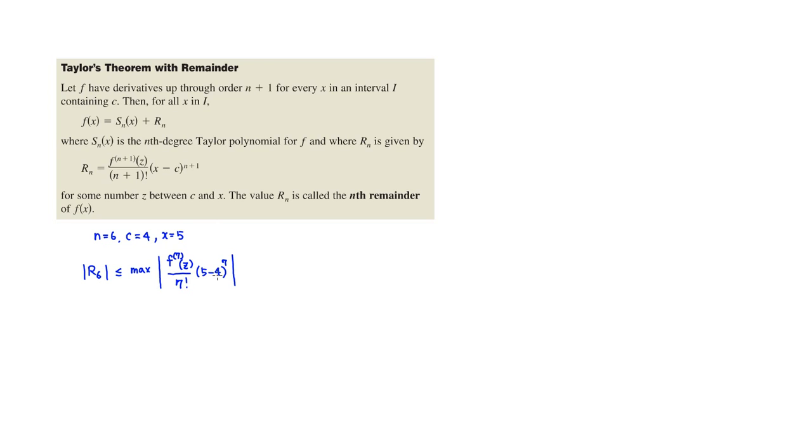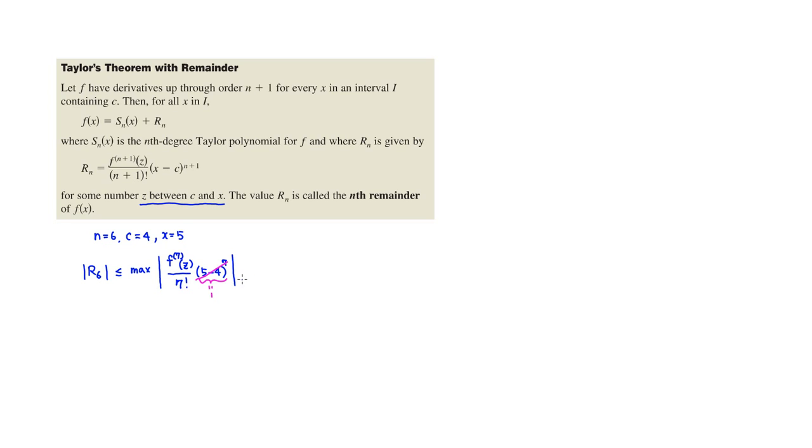Alright, so 5 minus 4 is 1. 1 to the 7 is 1. So this part is just 1. So we can actually just scratch that out because multiplying by 1 doesn't really change anything. And remember, for the 7th derivative of f at z, z is between c and x.